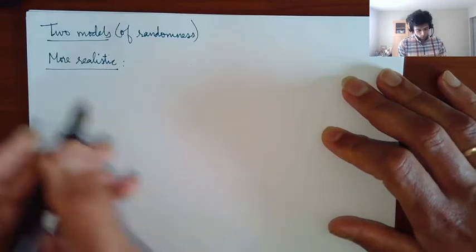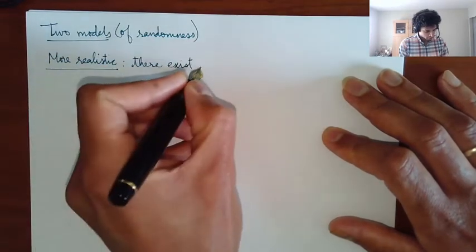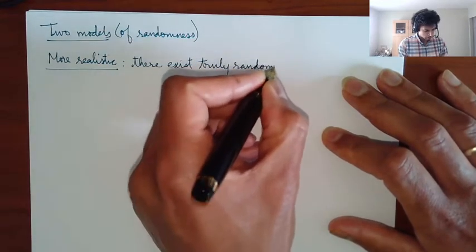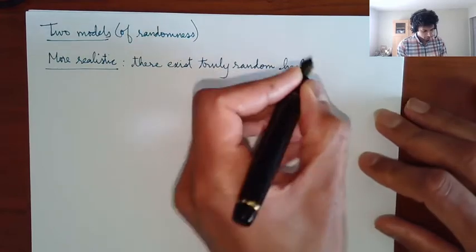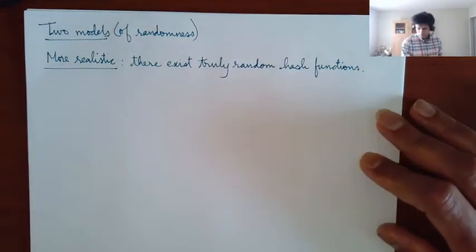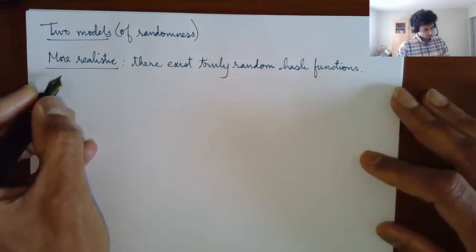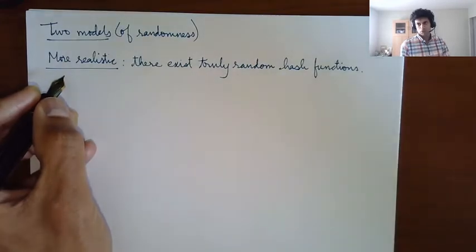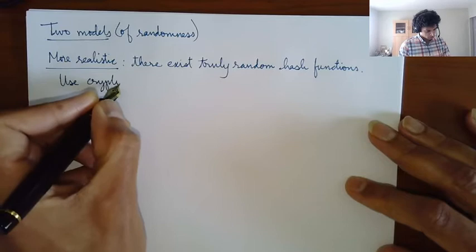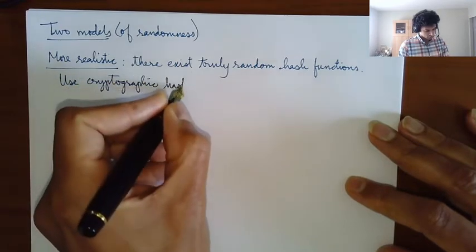The more realistic model is to assume there exist truly random hash functions. And the practitioner would say just use a cryptographic hash function.